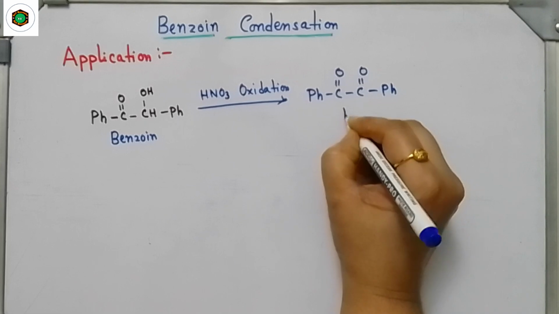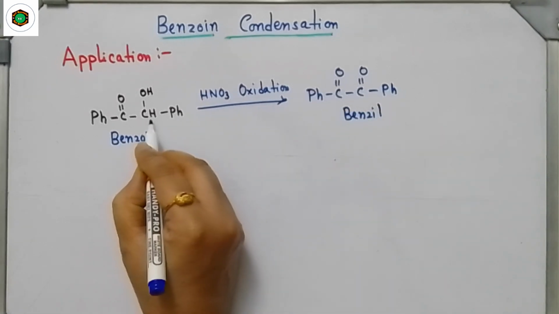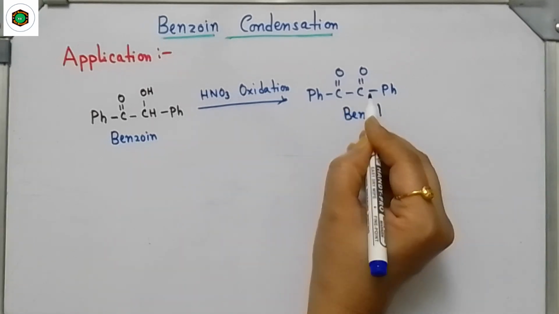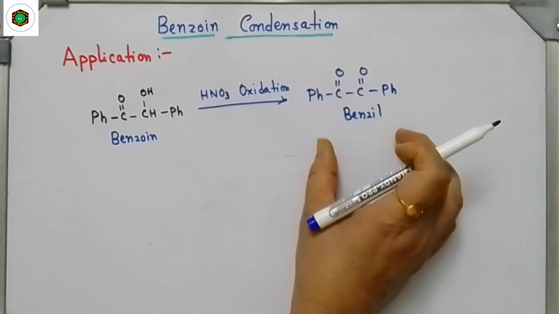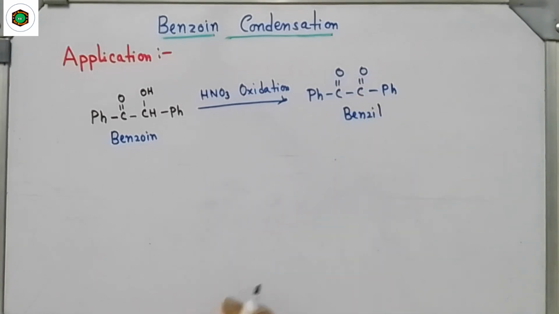This is benzil. So here what is happening? CHOH is oxidized to CO. By synthesizing benzil, we can do benzilic acid rearrangement on it.